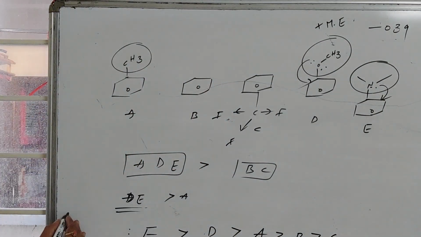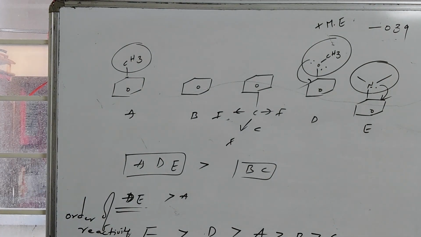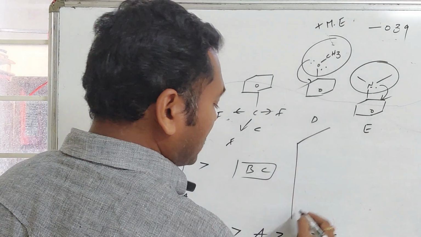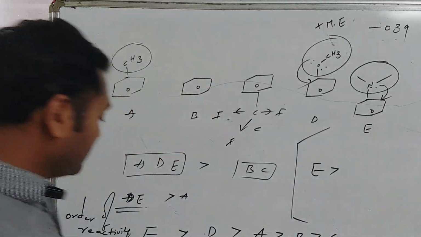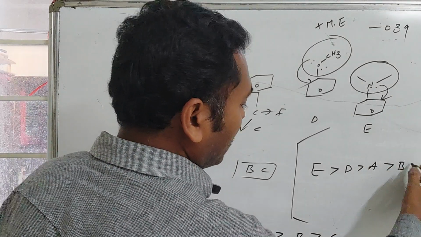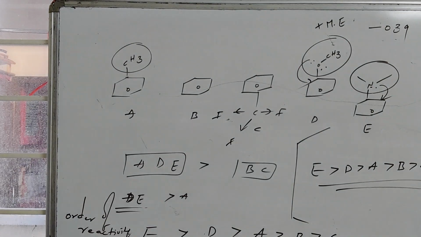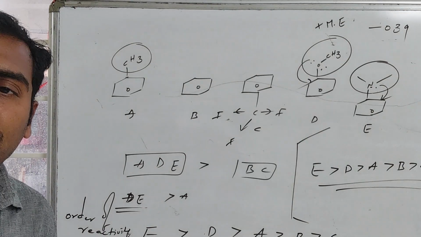So therefore the order of reactivity in electrophilic substitution reactions of substituted benzenes appears as E greater than D, D greater than A, greater than B, and the last it comes for the C compound. Hence the order of reactivity appears like this.